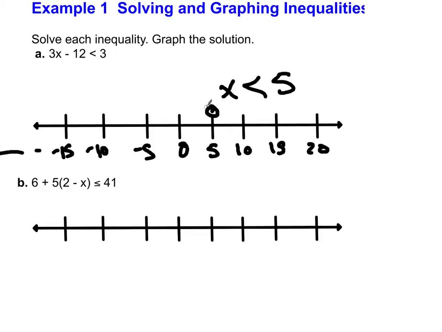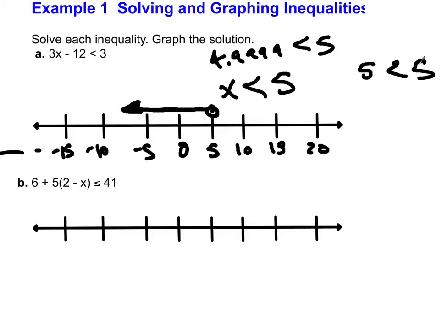You signify that with an open circle, and then you draw an arrow that says all of this is a solution, all the way up to, but infinitely close to 5, but not 5. So if x was 4.99999, that's less than 5, and so that's true. But if x was exactly 5, is 5 less than 5? No, 5 equals 5, so it's not less than 5. But this is how you graph the solution.